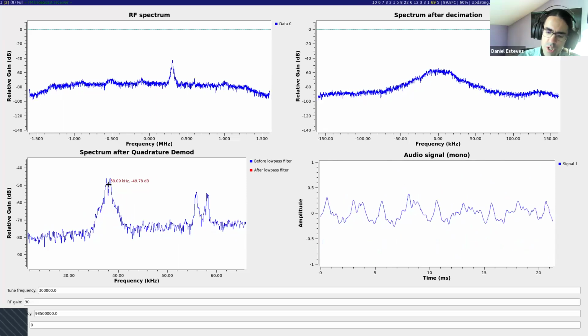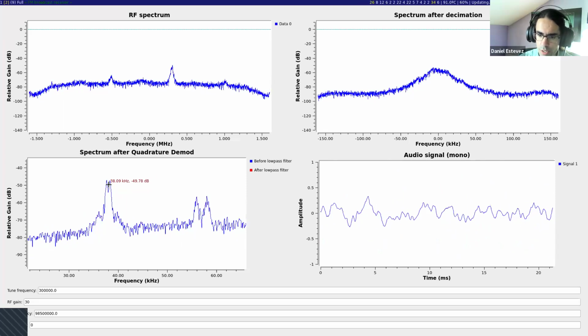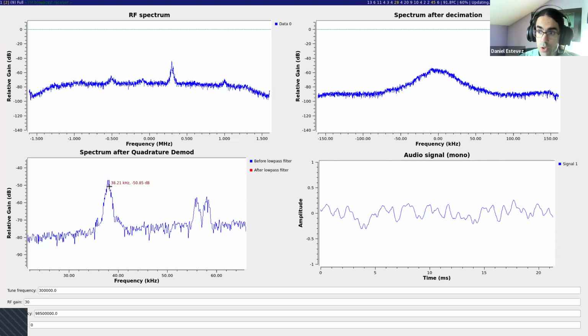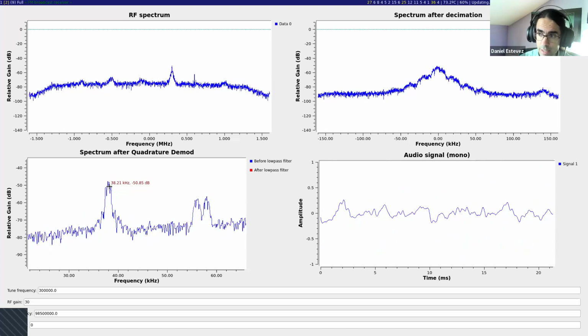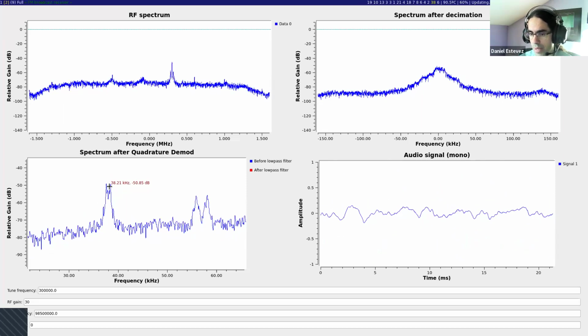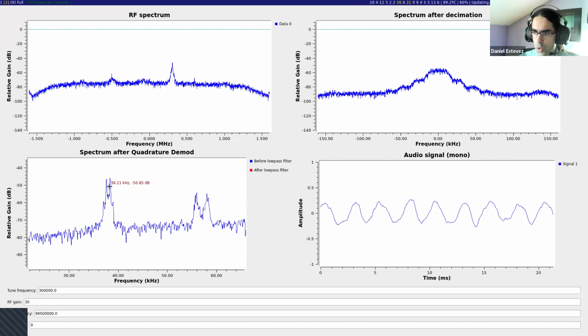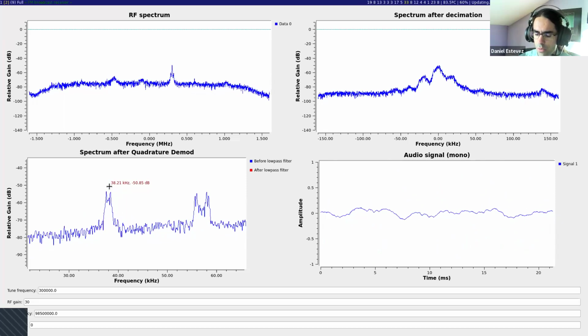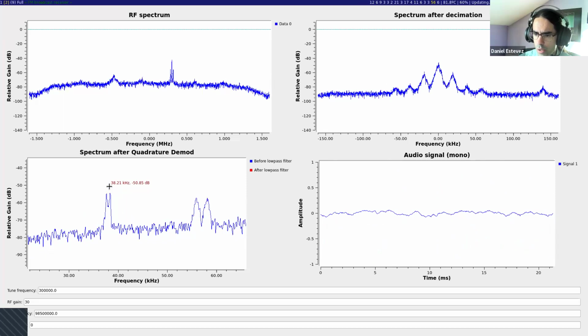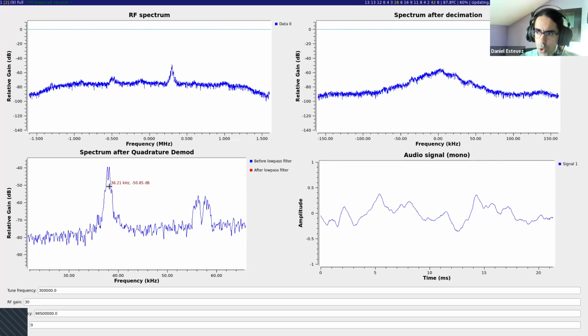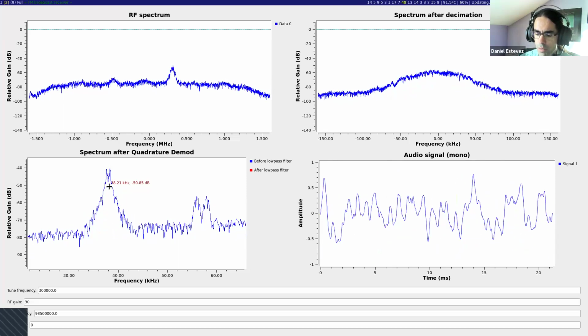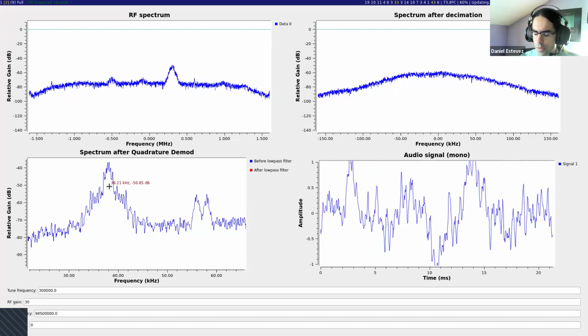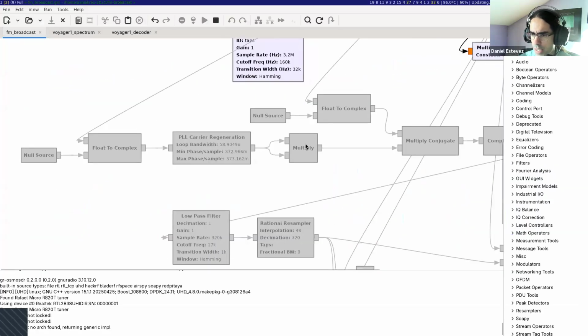So we want to shift it back in frequency to 0 hertz using this 19 kilohertz pilot tone multiplied by 2. To multiply the frequency of something by 2, we can square that signal. We can multiply the signal by itself, which is what I'm doing here with this multiply block.